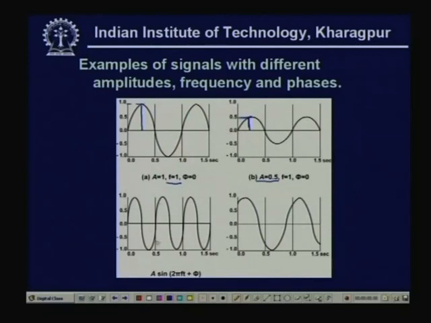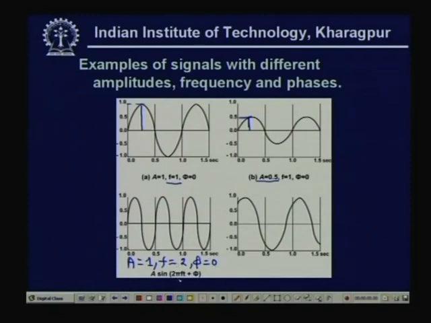Here, on the other hand, within 1 second there are 2 complete cycles. So, frequency f is equal to 2, although amplitude A is equal to 1 and phase phi in this case is 0.